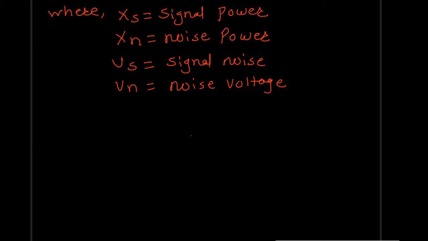The S by N ratio is usually expressed in decibels only. So remember that the unit for S by N is decibel, which is short for dB. That means it is always calculated in decibels.